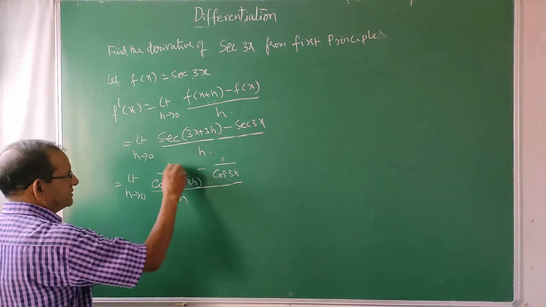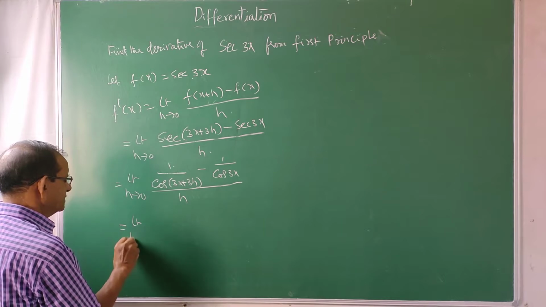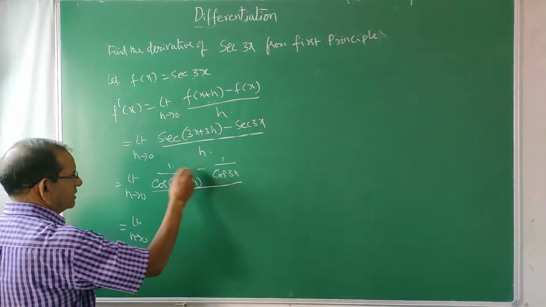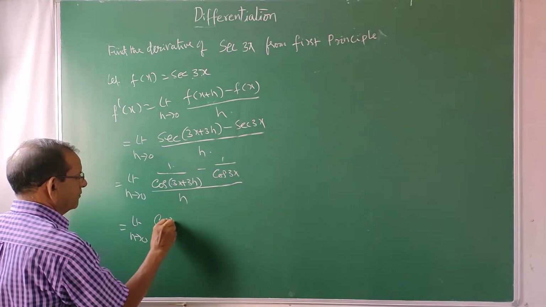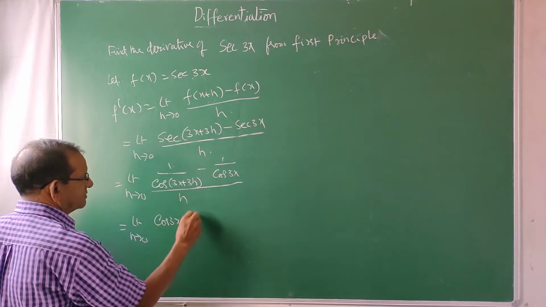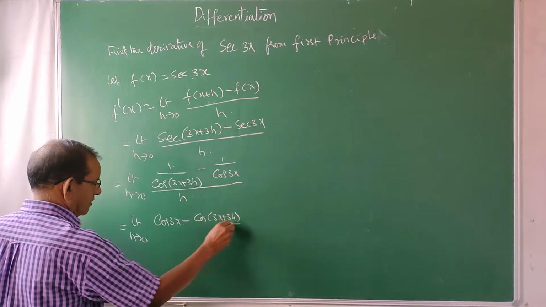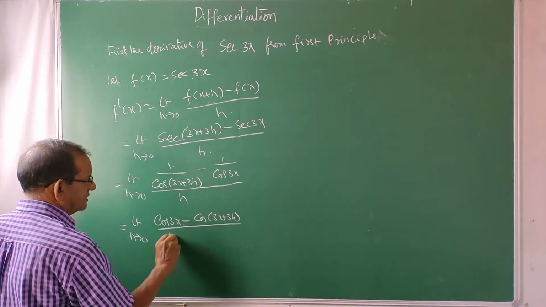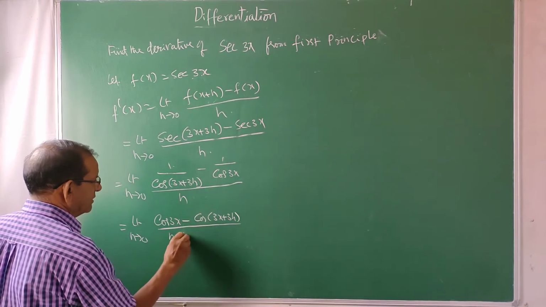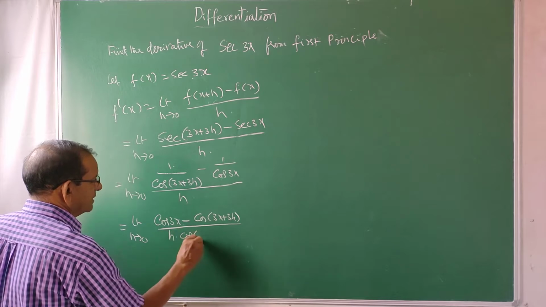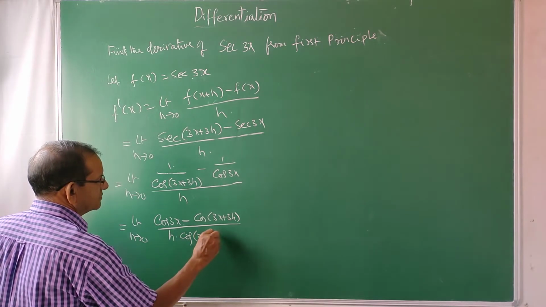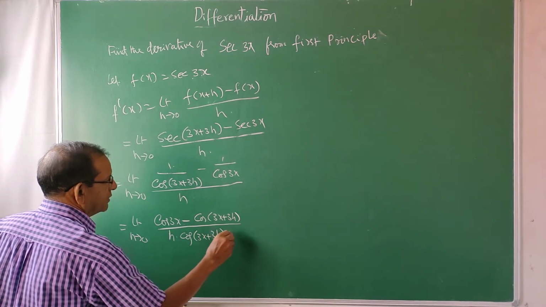Now take LCM. Limit h tends to 0, cos 3x minus cos(3x plus 3h), by h into, it will come to the denominator, h into cos(3x plus 3h) into cos 3x.